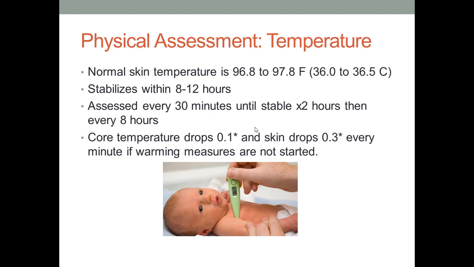If a baby is not kept in a warmer or not bundled, their core temperature can actually drop 0.1 of a degree, and their skin temperature can drop 0.3 degrees every minute.